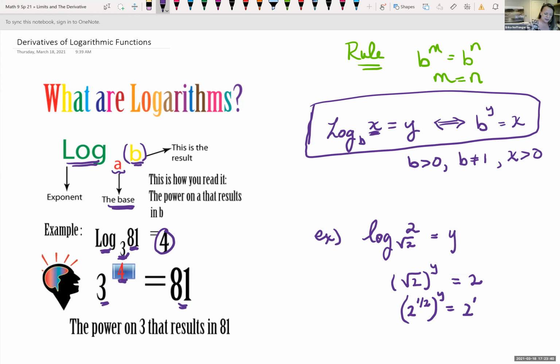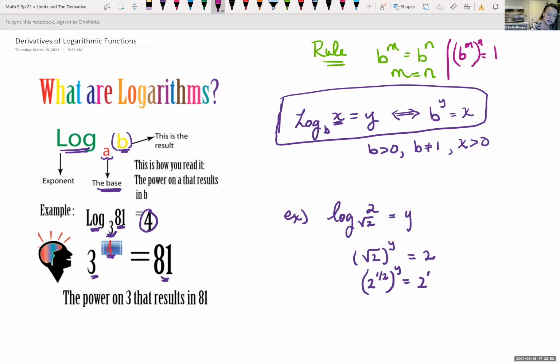There's another rule that says if you have a base raised to a power raised to another power, for exponentials you multiply the exponents: b to the m times n power. So we take 1/2 times y, giving us 2 to the 1/2 y equals 2 to the 1st.